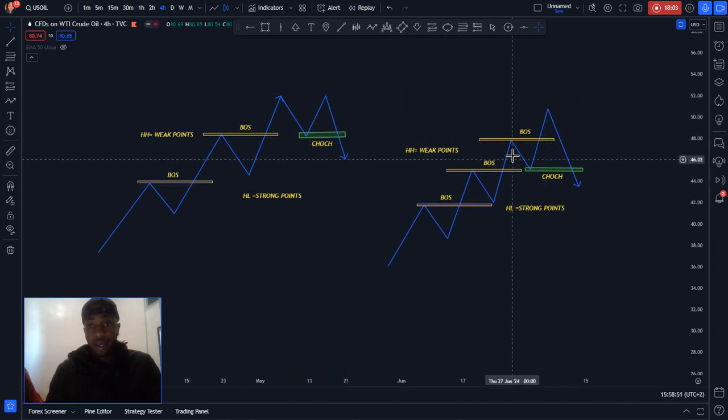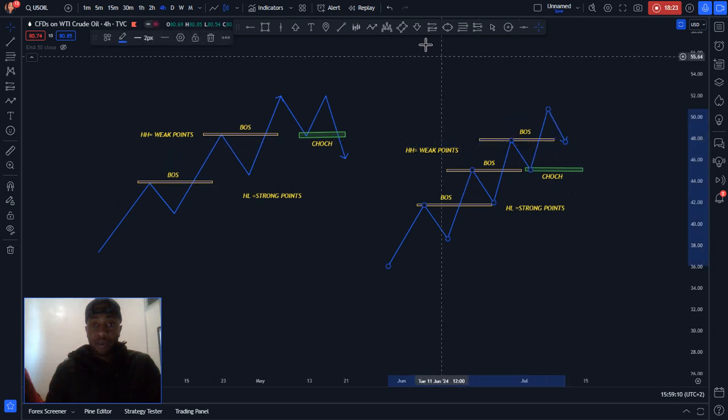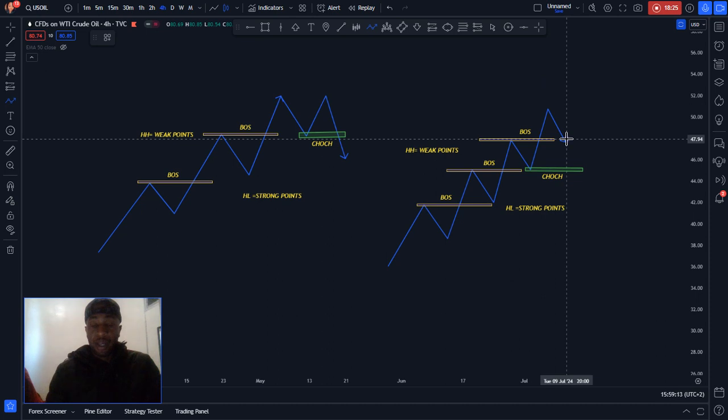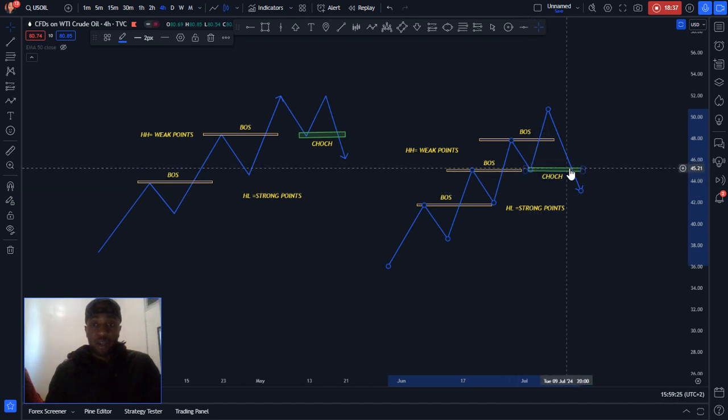Again, sometimes the market does give you those breaks of structure towards the upside, then gives you a correction and then an impulse again. But in this case, you can see the market gave you the break of structure, it created this higher high, but instead of correcting a little bit to retest the previous high and then giving you a new high, the market decided to take the move all the way to break below this point right here, which then caused the change of character.